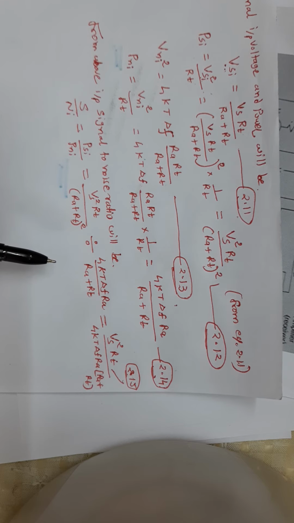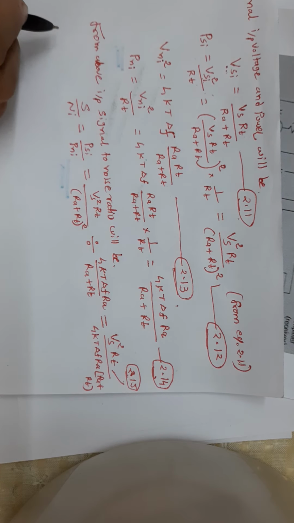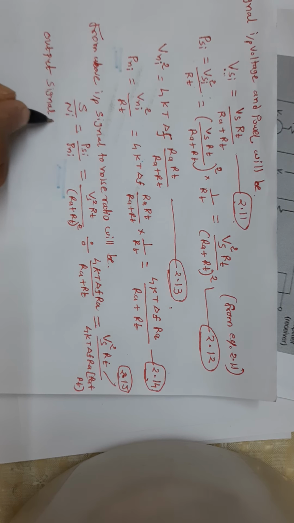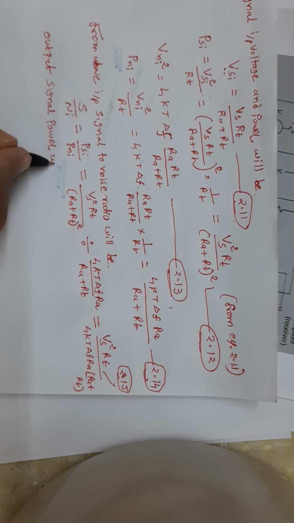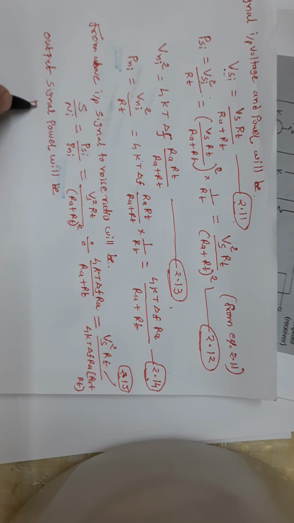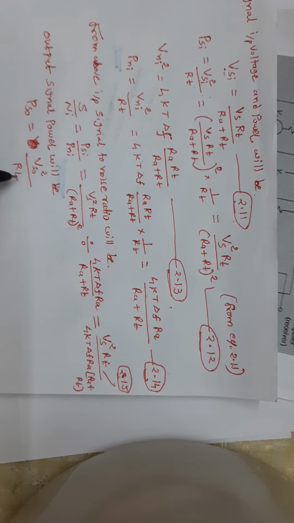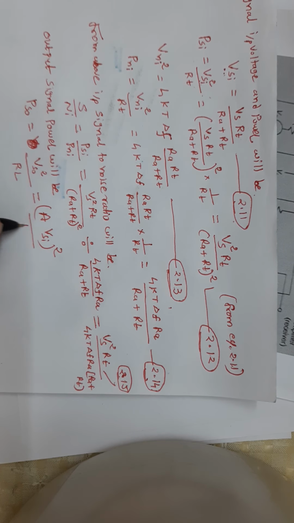This is your input signal to noise ratio. From this we can say the output signal power will be PSO. It is equal to VSO square upon RL, and this is equal to gain A VSI whole square divided by RL.